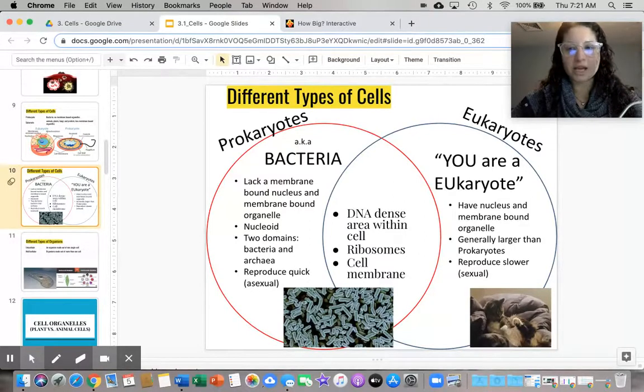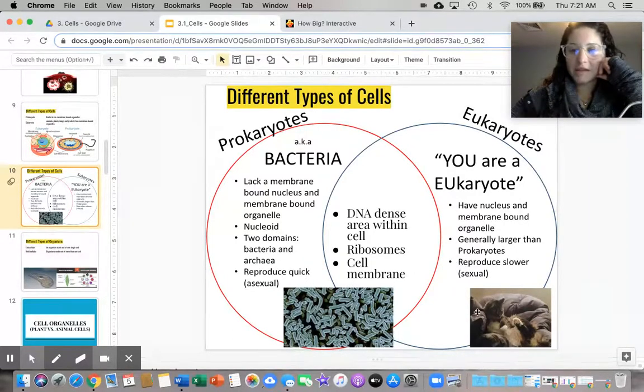So when we have to make a new cell, we also have to make all the new stuff. Now, eukaryotic organisms can reproduce asexually or sexually. Asexual reproduction for a eukaryote is going to be very similar to how prokaryotes reproduce. And then you guys should understand how sexual reproduction works at this point in your life.